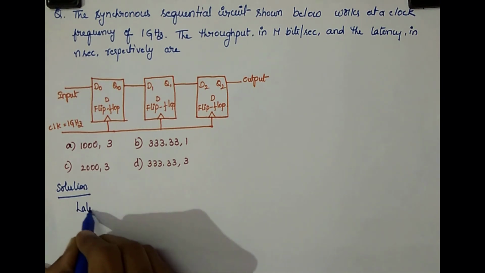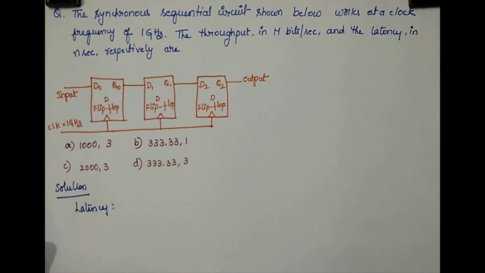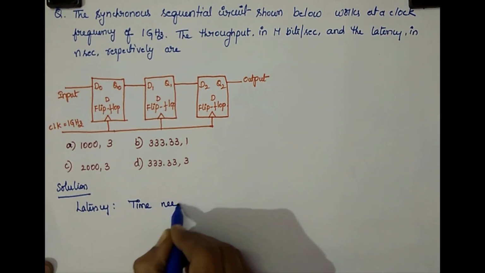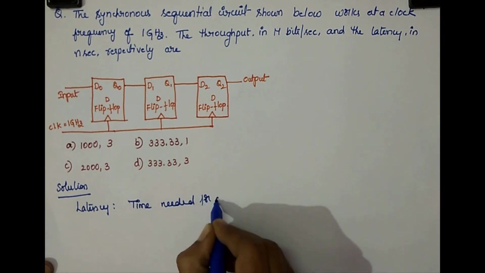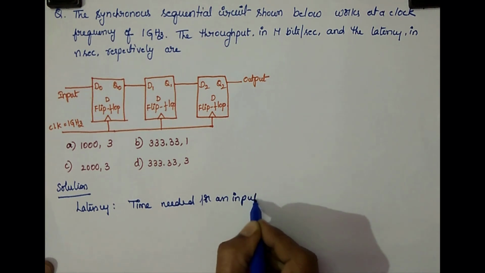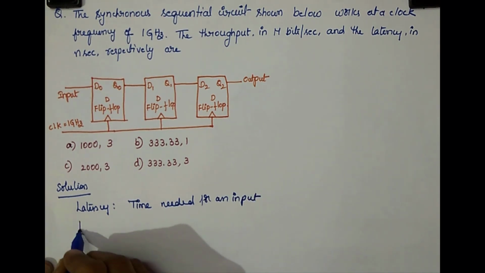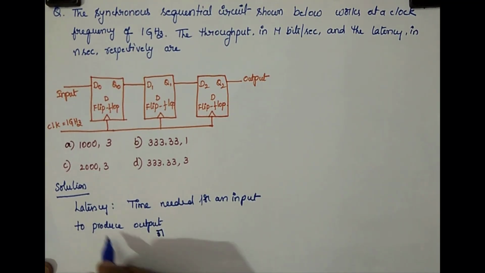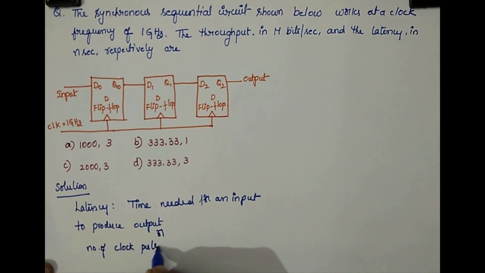First, I'll define what is latency. Latency is the time needed for an input to produce output, or we can say simply, the number of clock pulses used to get the output.